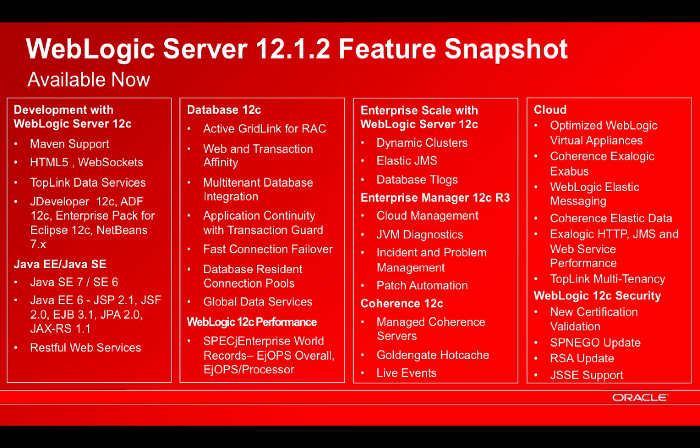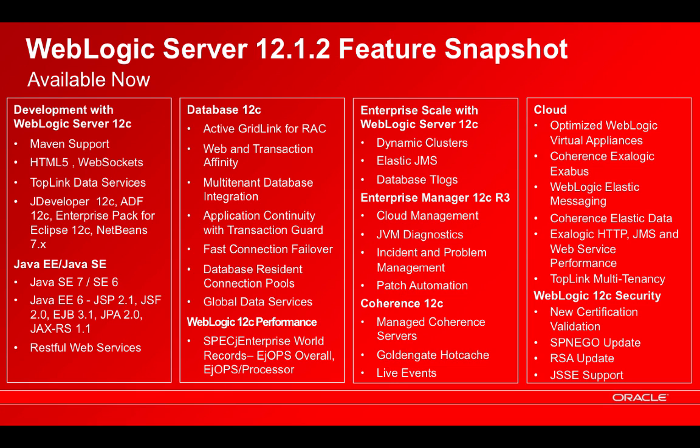They encompass all of the sorts of things you'd expect to see from true enterprise-quality products around dynamic clustering, JMS, transaction logs, etc. Looking at management and monitoring through Enterprise Manager, caching and dynamic grid creation through Coherence, working in the cloud and on virtual appliances, etc. We've also got some great integration features for working with the Oracle Database 12c through our Active GridLink for RAC capability, our multitenant database integration, our application continuity features, etc.